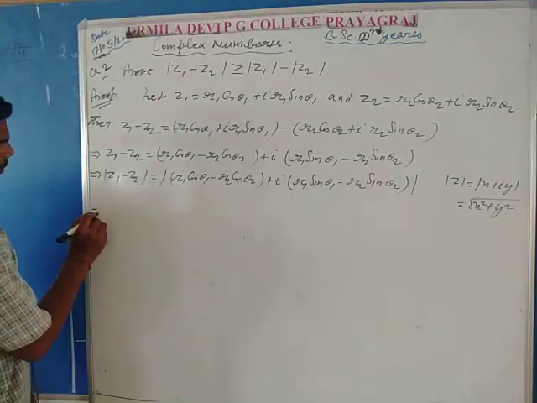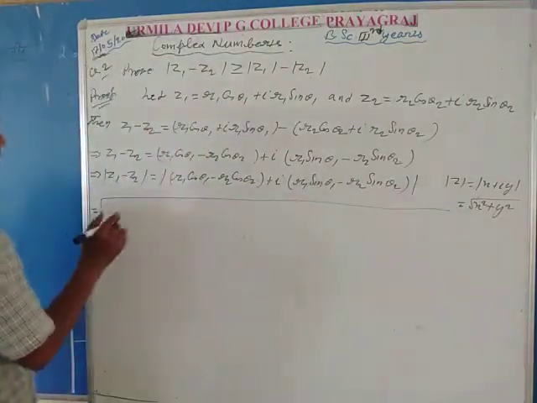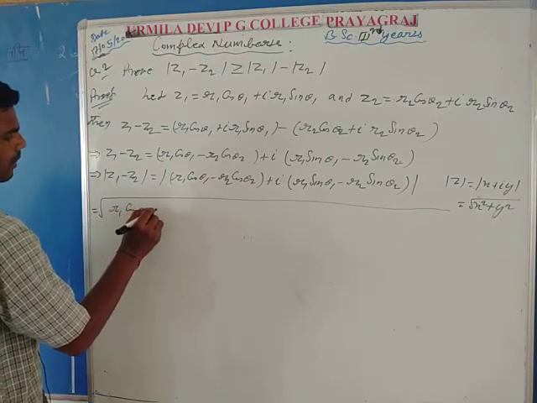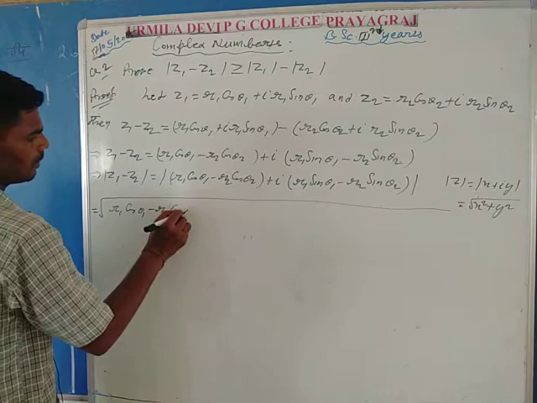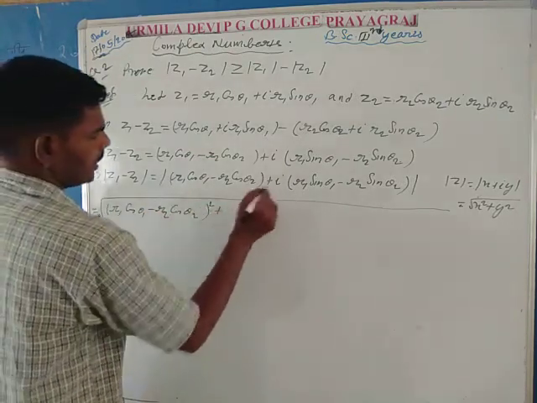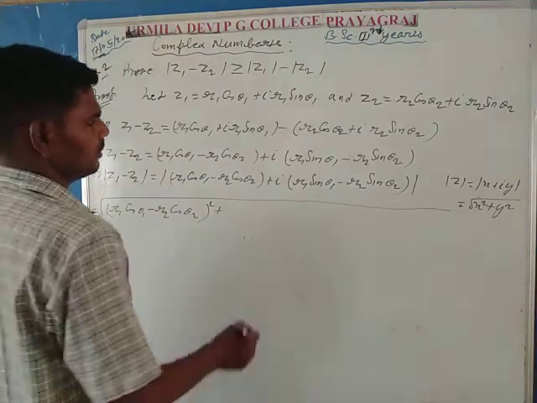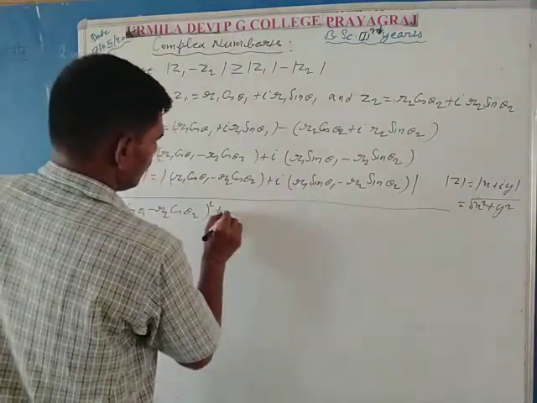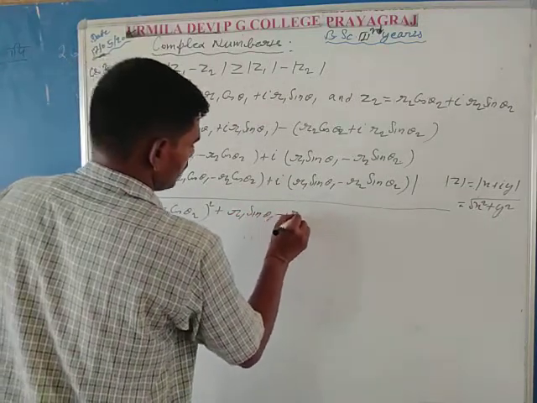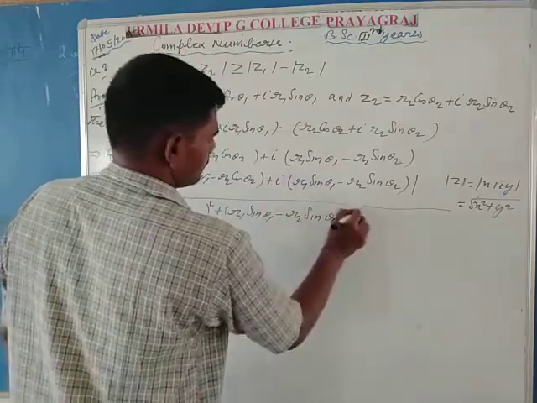Here x is the total real part and y is the total imaginary part. Write under root of real value, R1 cos theta 1 minus R2 cos theta 2 whole square, plus imaginary value, so y is R1 sin theta 1 minus R2 sin theta 2 whole square.